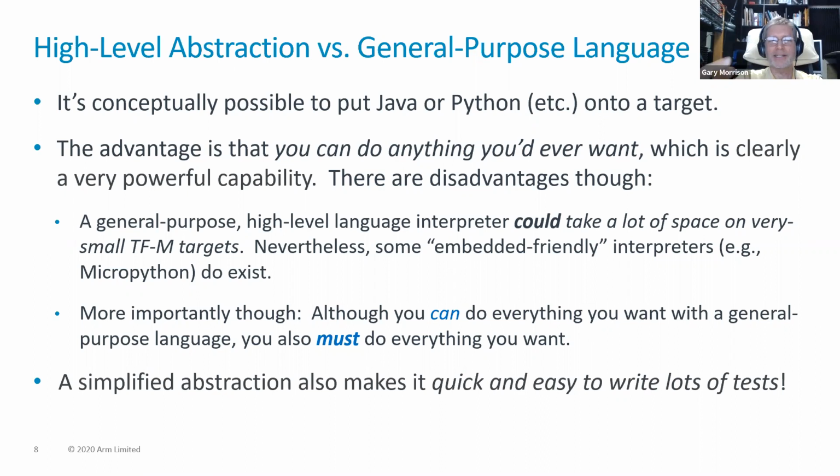But there are downsides to providing just a general purpose language. The most obvious downside is that although you can do anything you'd ever want to do with a general purpose language, the problem is that you must do it all yourself, whereas an abstraction gives you a way of describing a test, and it does the thinking for you, so to speak.